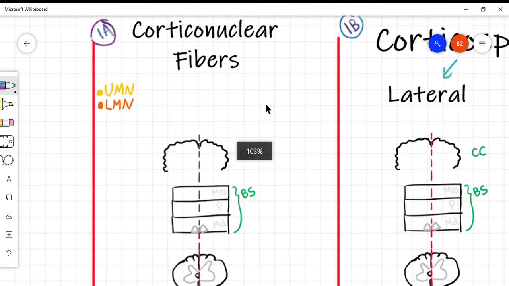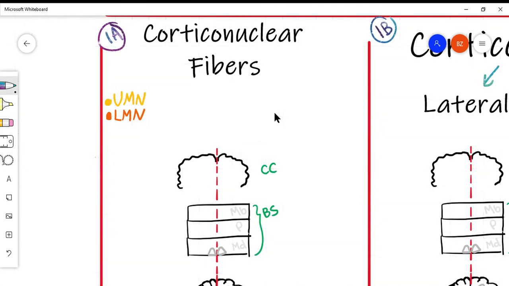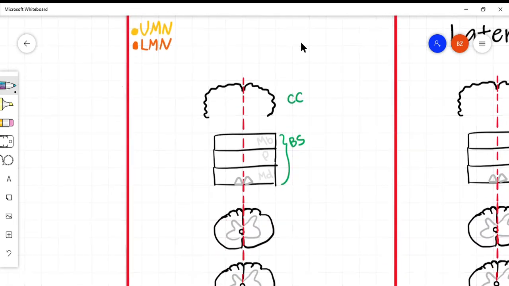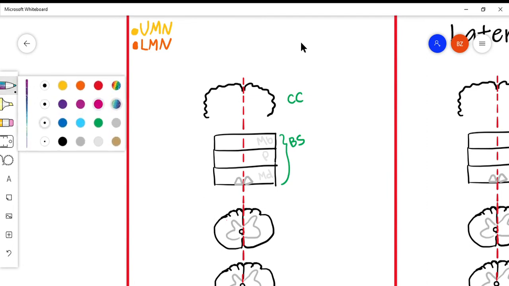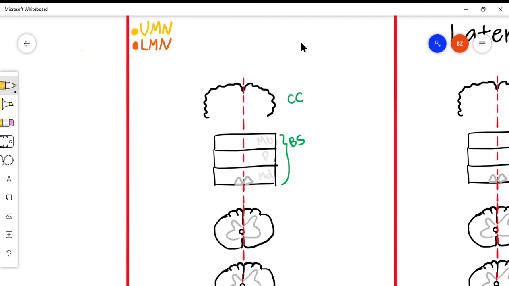Now let's zoom in and talk about the corticonuclear fibers, and let's start drawing, okay? So corticonuclear. As you can see, I have written over here the color code for the nerves. So we said that corticonuclear starts with cortico, which means that our first neuron nucleus is found in the cerebral cortex. All right. So this is the first order neuron.